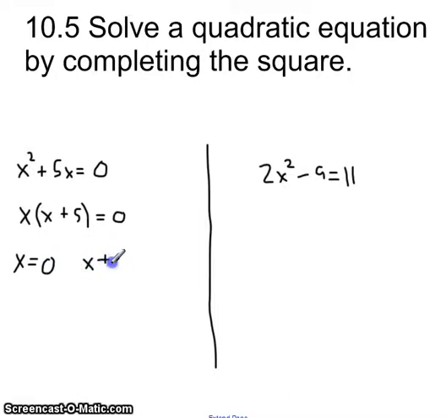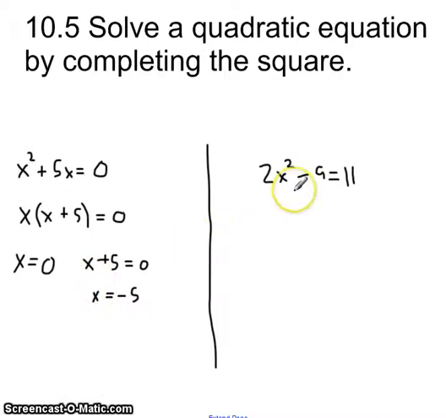So in the case we have here, we'll have x equals 0 and x plus 5 equals 0. Solving the second equation by subtracting 5, I'll get x equals negative 5. So in this case, we have x is 0 and negative 5.